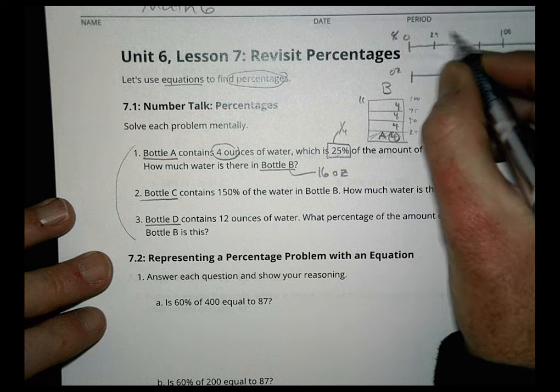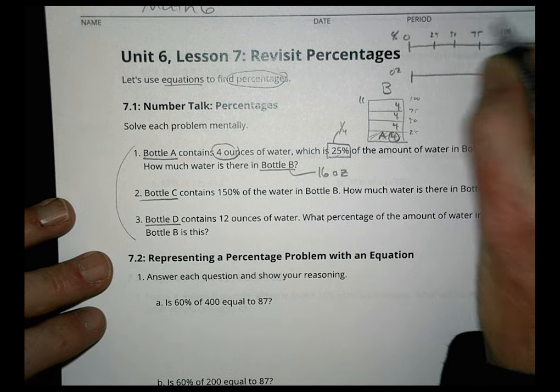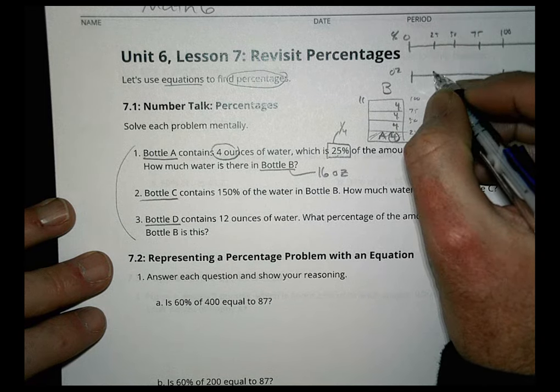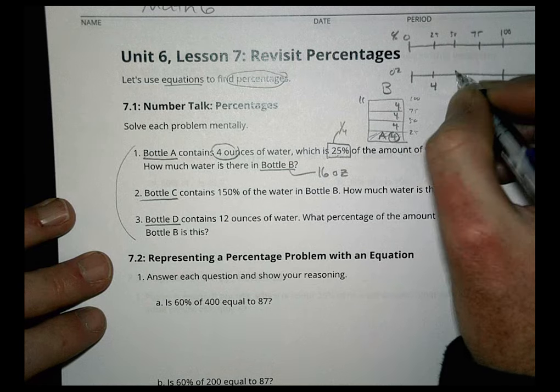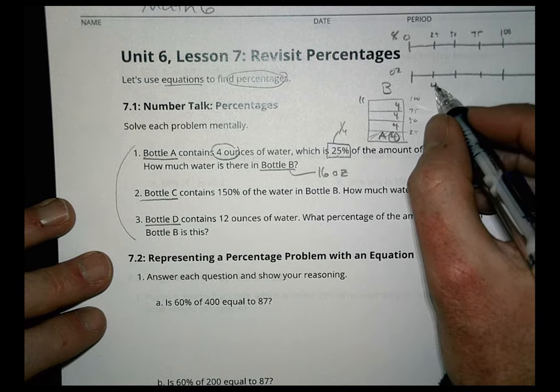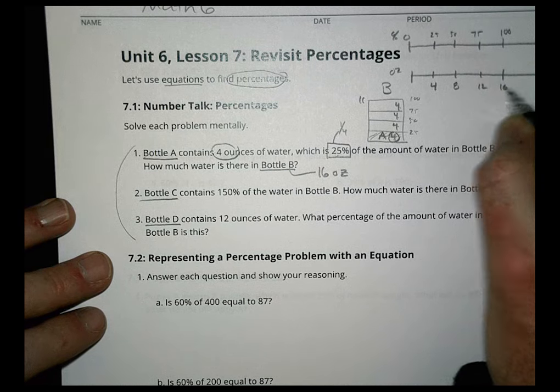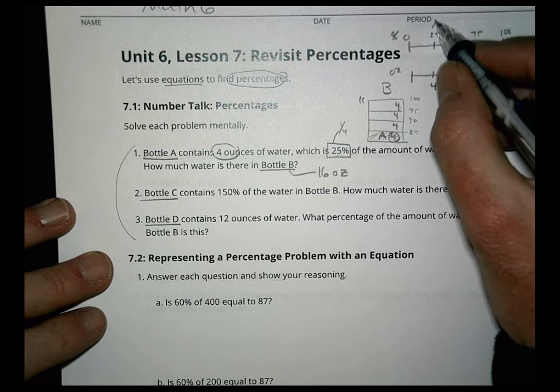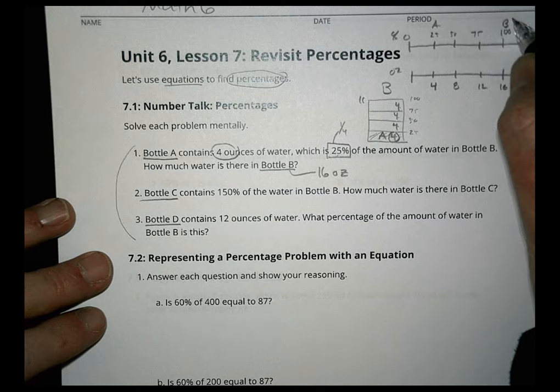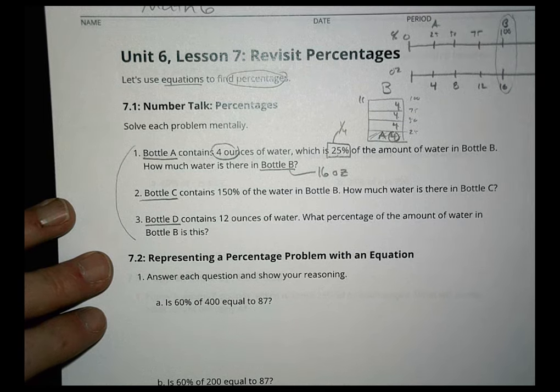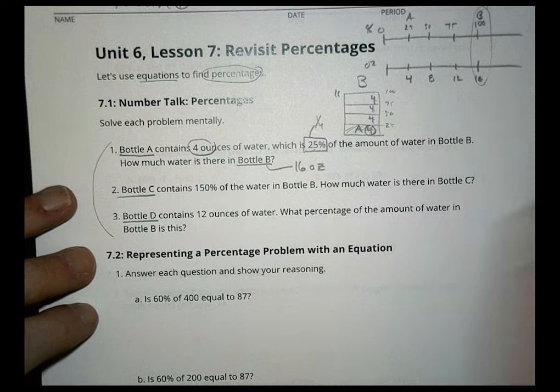So if this is our percentage, 25, 50, and 75, and it said that 25% was at 4 ounces, then we can see we're counting by 4s, 4, 8, 12, 16. We would say that if this is A, then B is right here at 16 ounces. So you can see that on the nice double number line there.